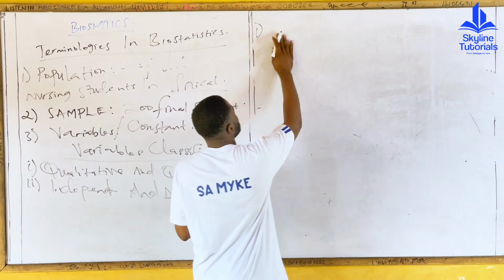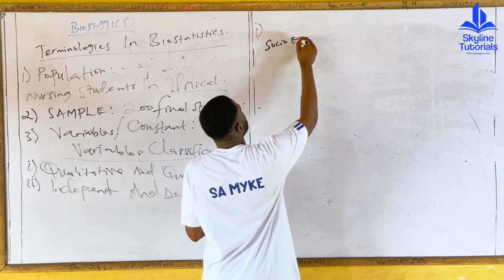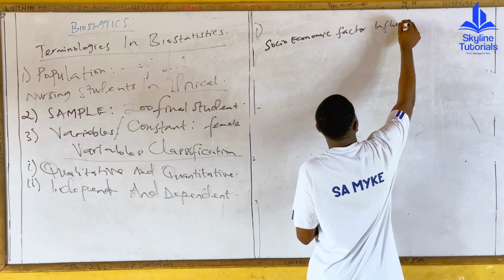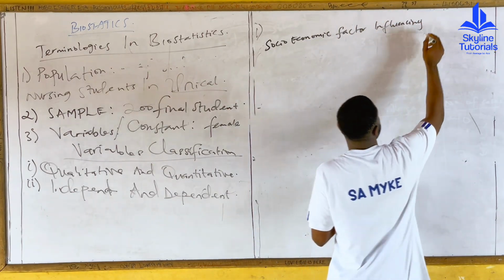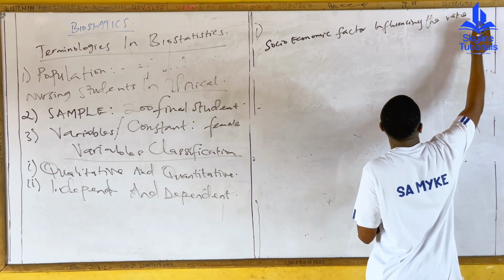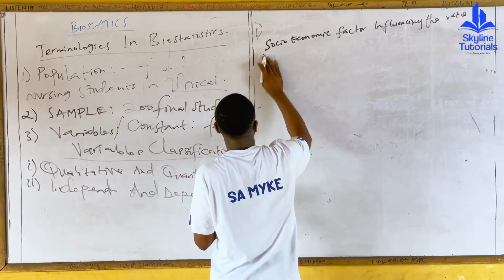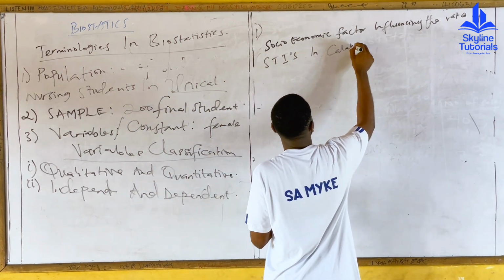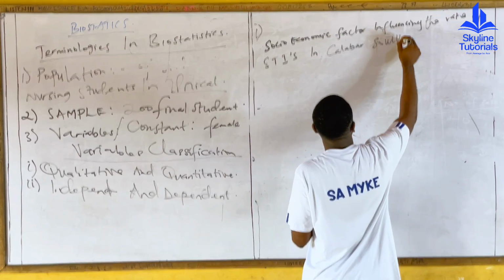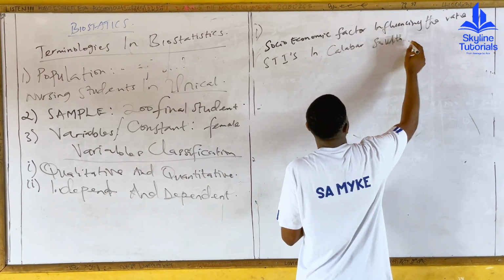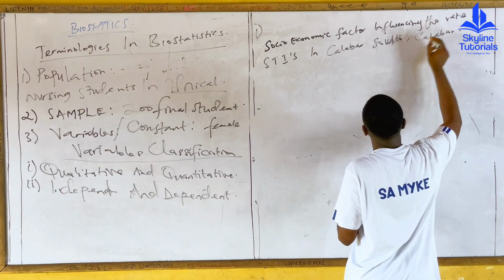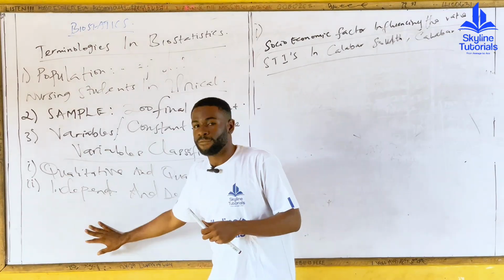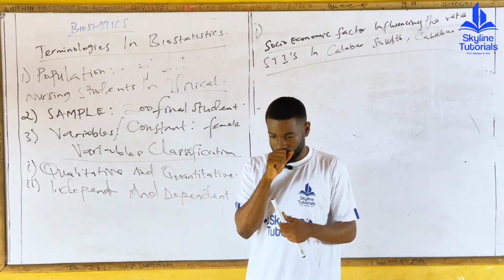Let's say socioeconomic factors influencing the rates of STIs in Calabar South, Calabar. Let's give a topic like this to serve as an illustration or analogy for independent and dependent variable.